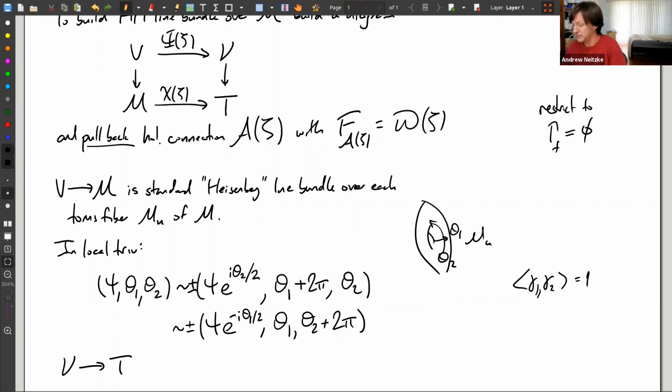We're going to be mapping it to a similar bundle over the complex torus. In fact, it's literally just a complexified version of this.